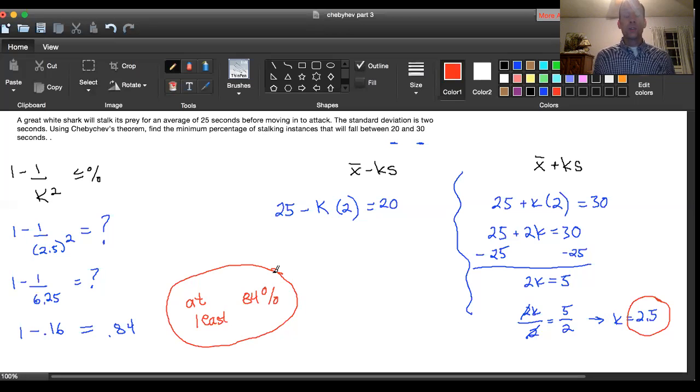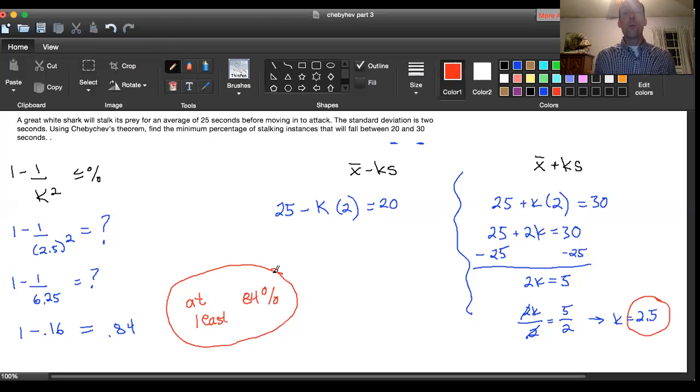Knowing what we do from the Chebyshev theorem, there's going to be a minimum of 84% of our instances that are going to be above that number we were just given. So we can tell that, yeah, that shark might have been extremely hungry. Maybe it hasn't eaten for a while, and that's what made it so aggressive.